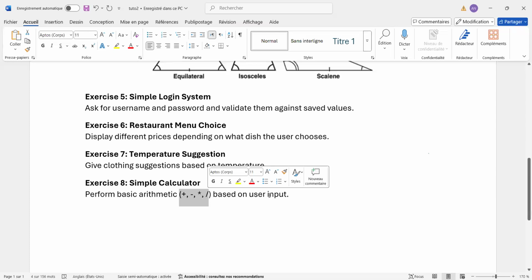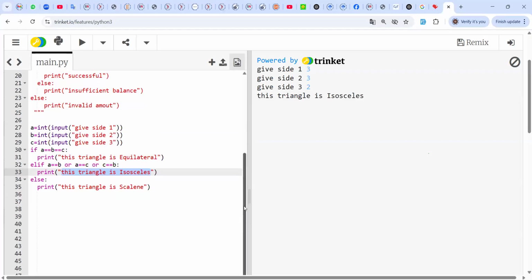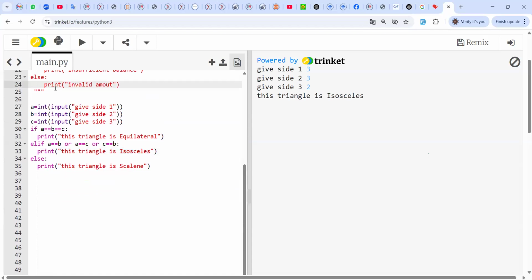First, we have to take 2 numbers from the user, A and B, for example, and we have to take the operator that we are going to operate on A and B, and then we need to visualize the result.